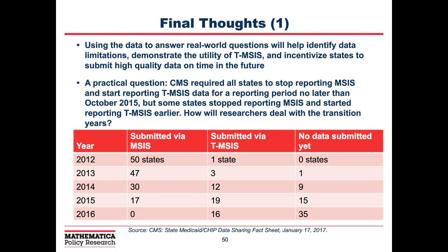This is as of January 2017. Yeah, no, that's definitely 2016. I know there has been a huge movement in 2017. But even with this table, I wonder whether there was a typo there, because I would expect the number of states submitting via TMSIS to increase from 2015 to 2016.